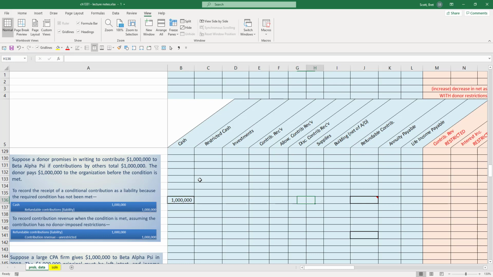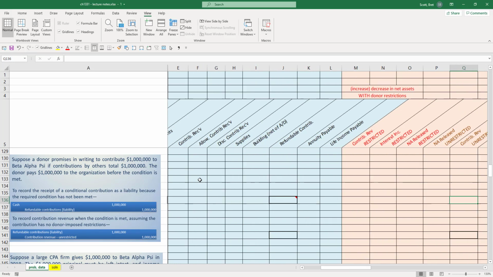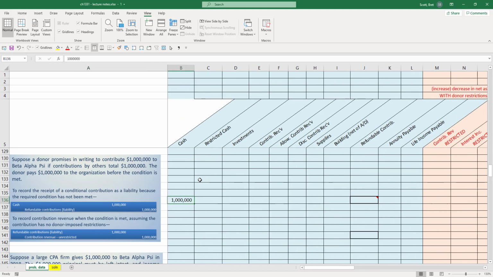But do we call this revenue? Well, in this case, we have to be very, very specific and say, look, it's possible that some of this $1 million has to be paid back based on the donor stipulation. So we're not going to call this restricted or unrestricted. We're going to call this a liability, like we would unearned revenue.